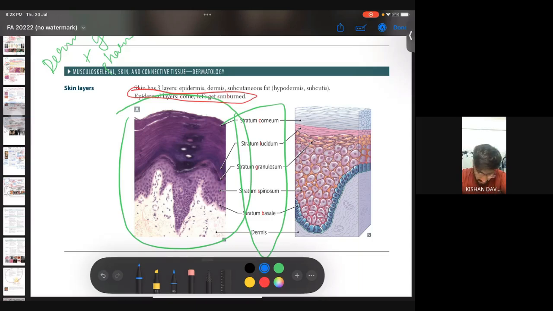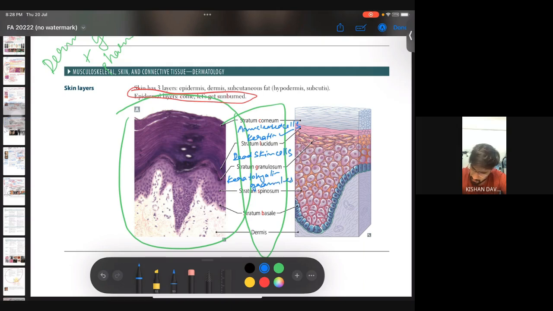There are a few lines I need you to remember. Stratum corneum has anucleated cells, keratin present. In stratum lucidum, there will be dead skin cells. In granulosum, keratohyalin granules.